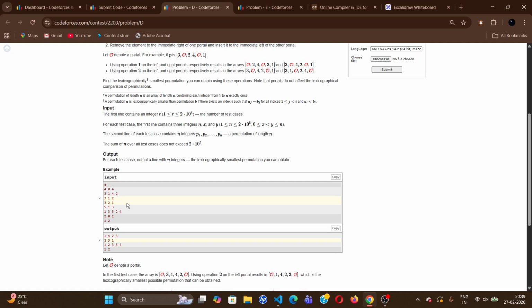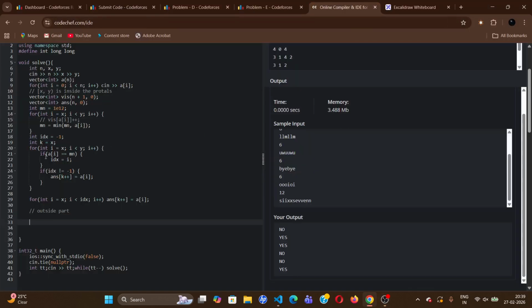Okay, lexicographical. So we will try to take the minimum there, and that might not be the a of i.